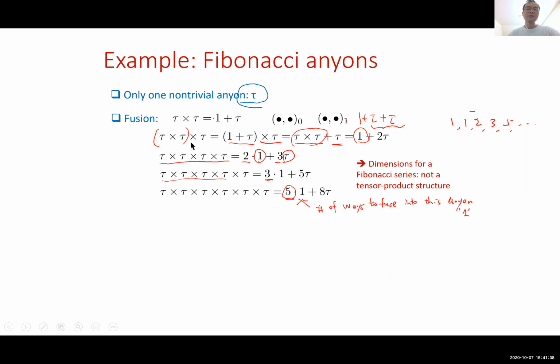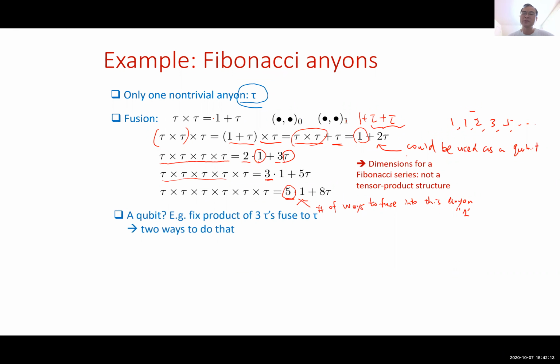Even at the level of 3 Fibonacci anyons, you have 2 ways to fuse to 1 Fibonacci anyon. So this potentially could be used as a qubit. Okay. But the number of qubits does not scale linearly with the number of Fibonacci anyons. The dimension is like a Fibonacci number.